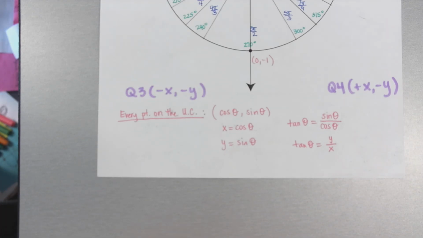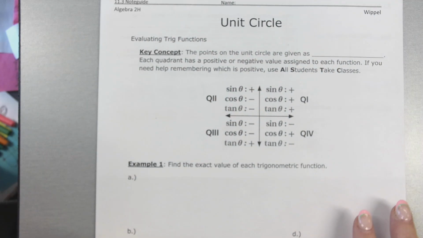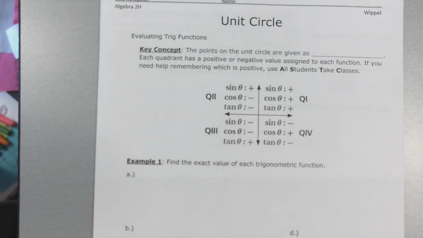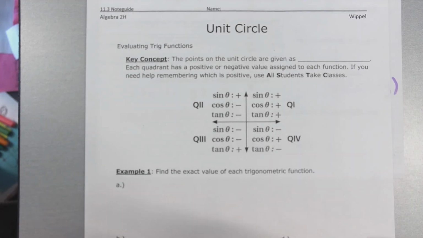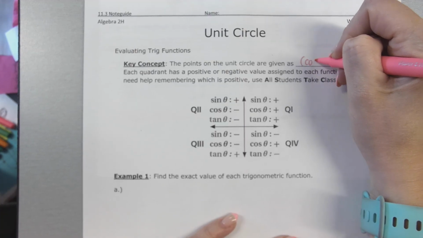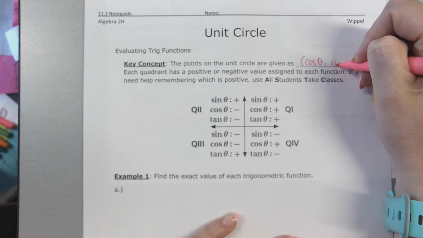All right, so the first part of this sheet is exactly what we wrote down. The key concept is that the points on the unit circle are given as the cosine and then the sine.